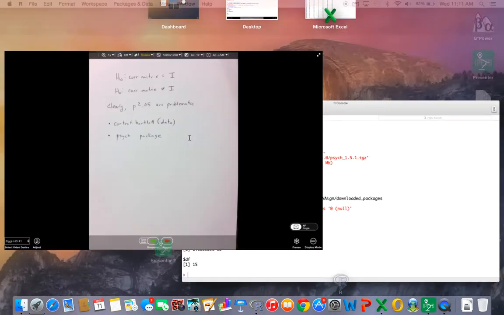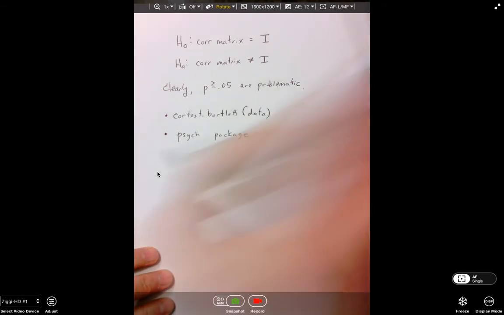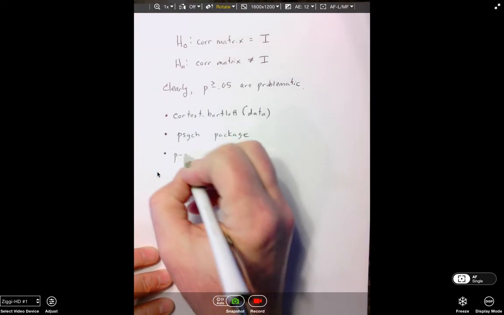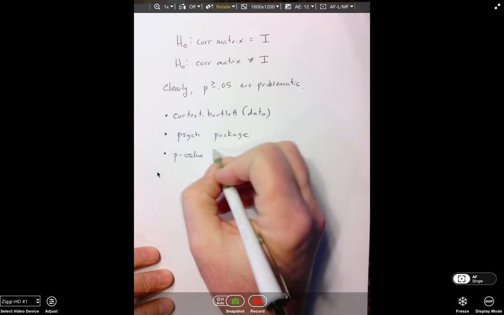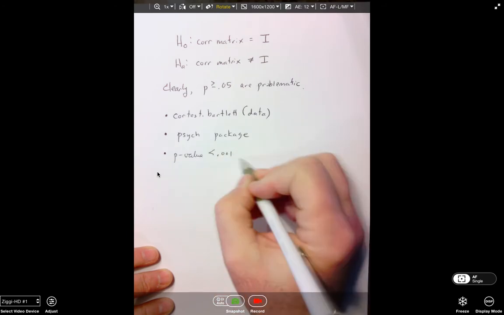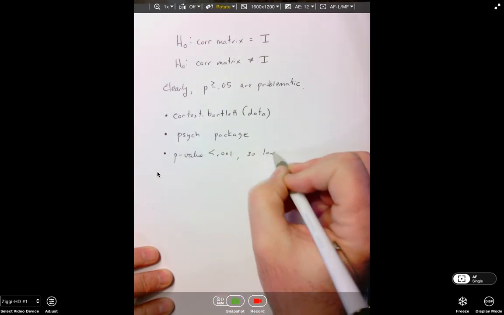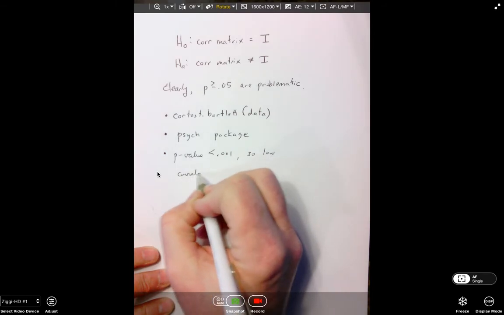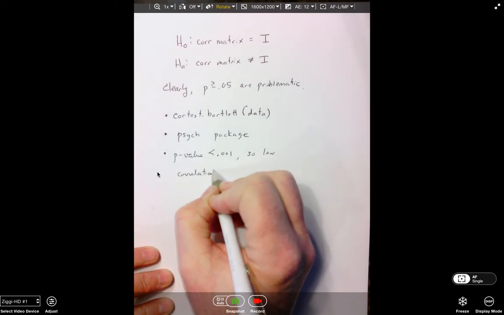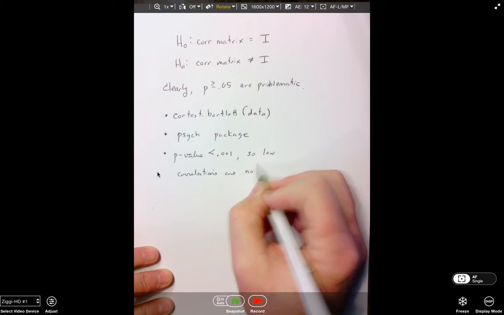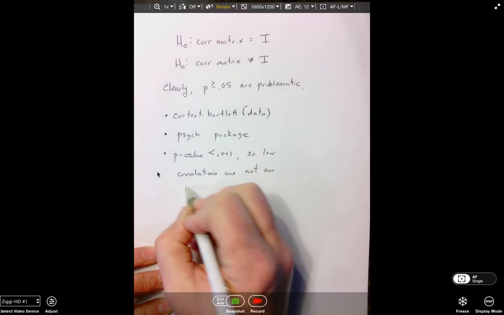All right, so what we conclude here is our p-value is less than 0.01, so low correlations are not an issue.